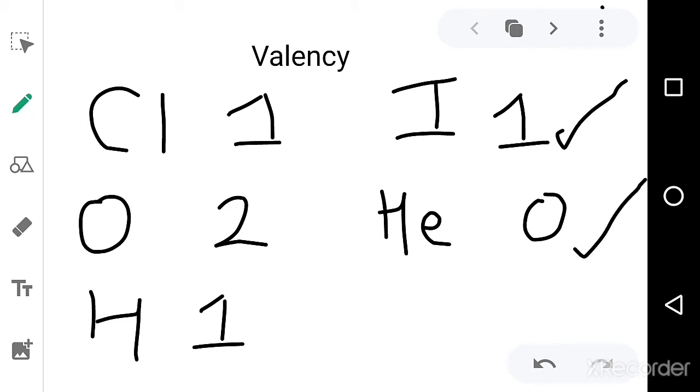So this 0 is something different. Whenever any element has valency 0, it does not combine with any other element and it can occur as a single atom. They are inert gases or stable elements. They do not react easily with other elements.